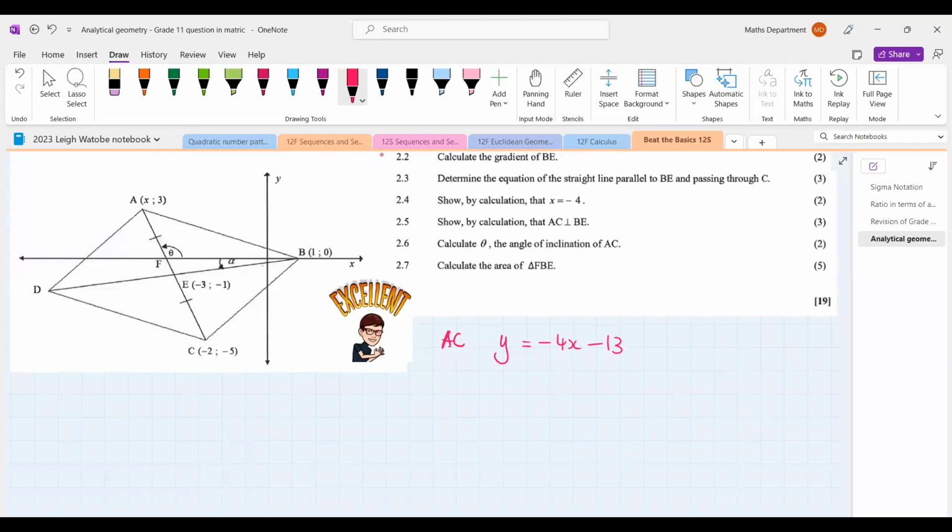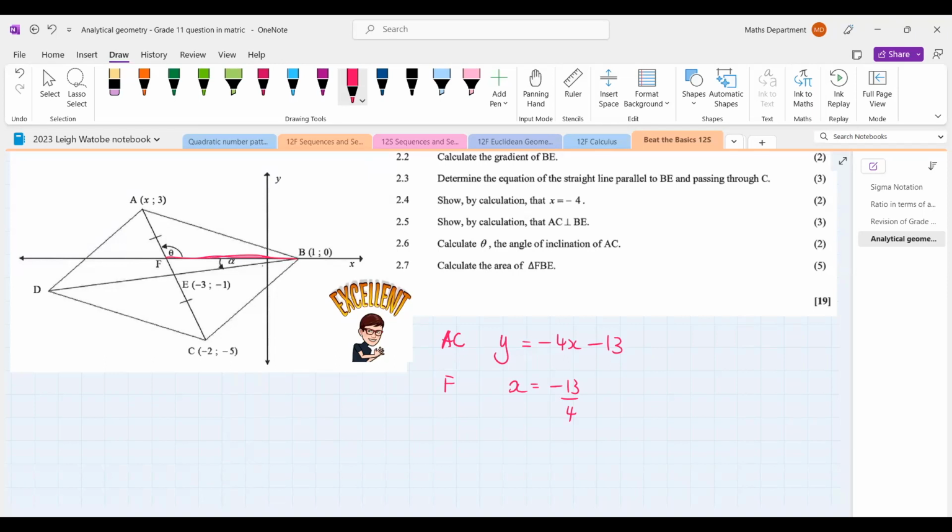I then worked out the coordinate at F, and I got that to be x equals minus 13 over 4. It's similar to what I was doing now.